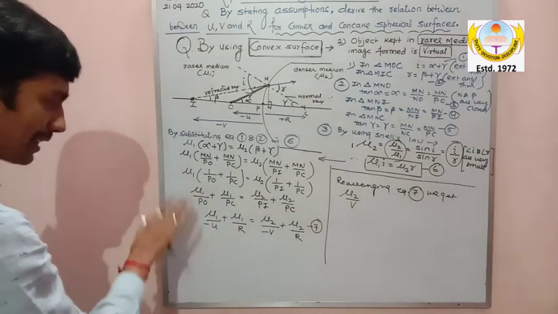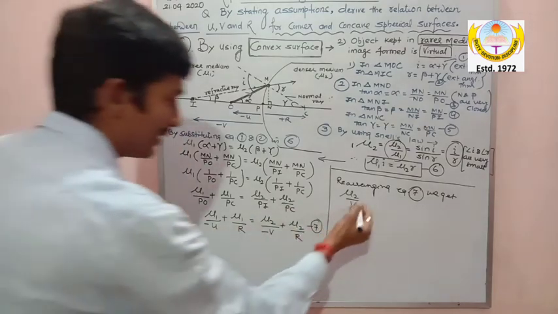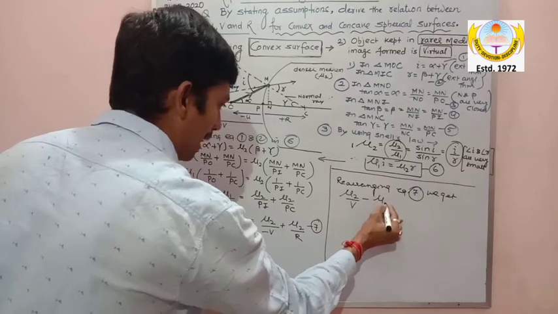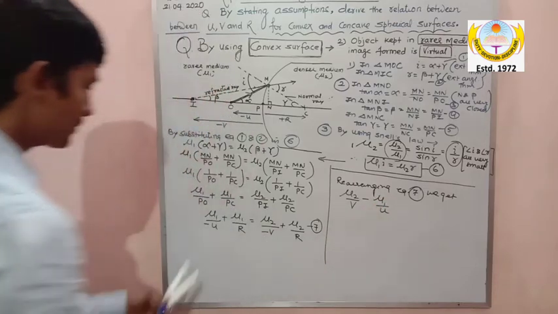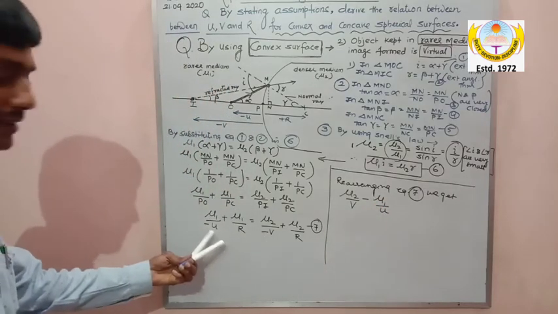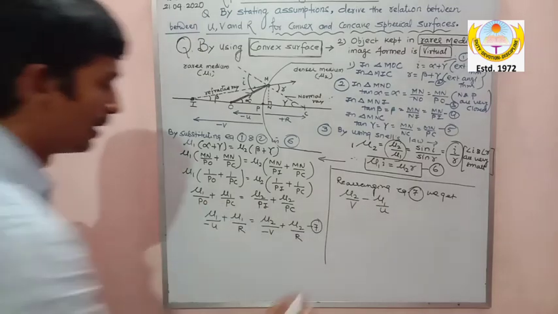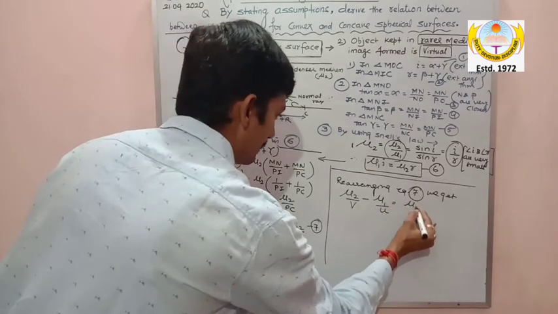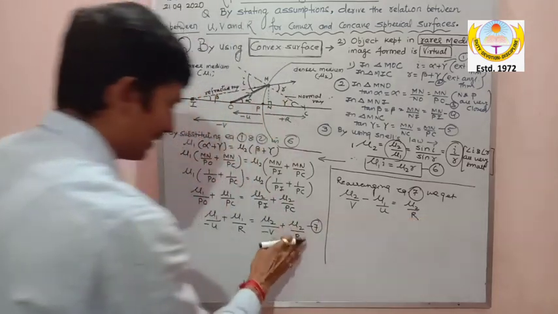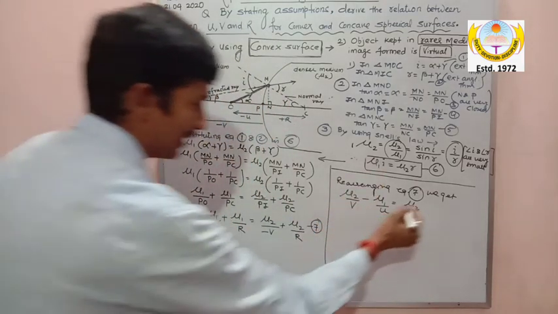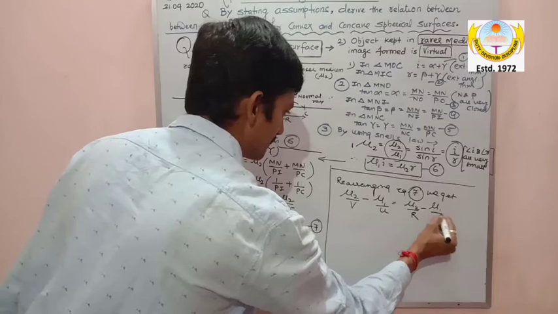And u is on this side only, it will remain minus. That can be written as minus mu 1 by u, because mu 1 divided by minus u can be written as minus mu 1 by u, is equal to mu 2 by R, and this I will take on that side, minus mu 1 by R.